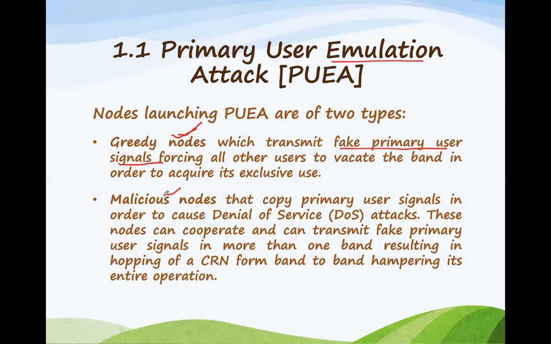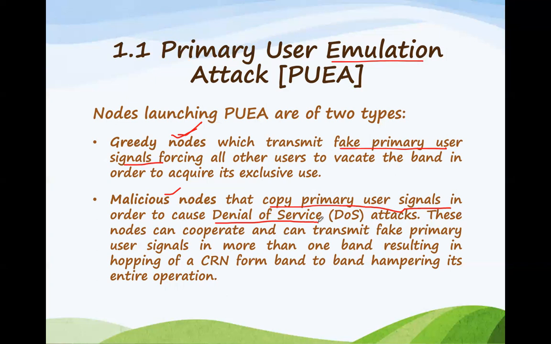When we come to malicious nodes, what they do is copy the primary user signals exactly and transmit them. Thus, when they transmit, there is a denial of service. The secondary user considers that the primary user exists and is transmitting the signals, and hence they vacate the band.